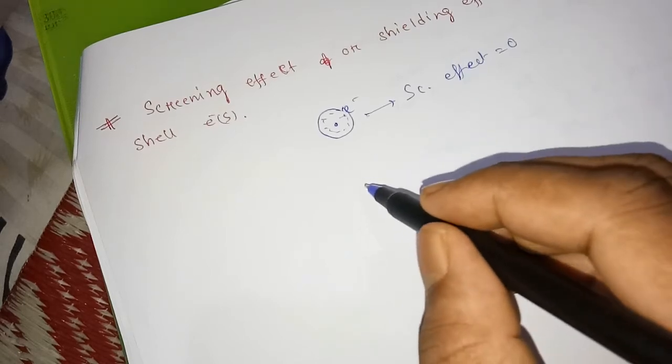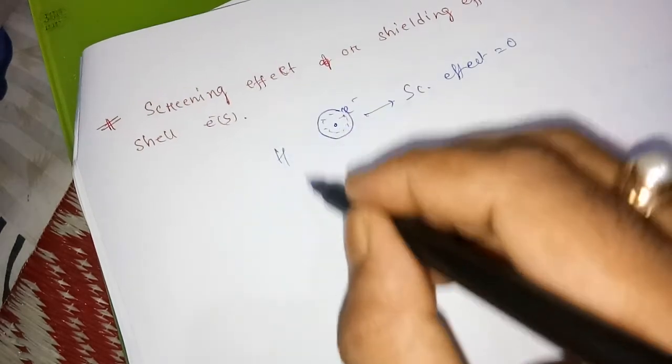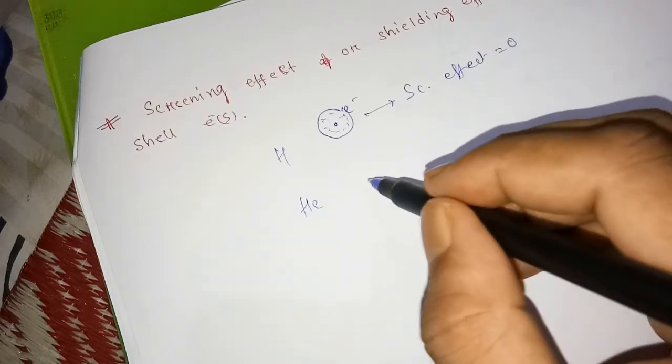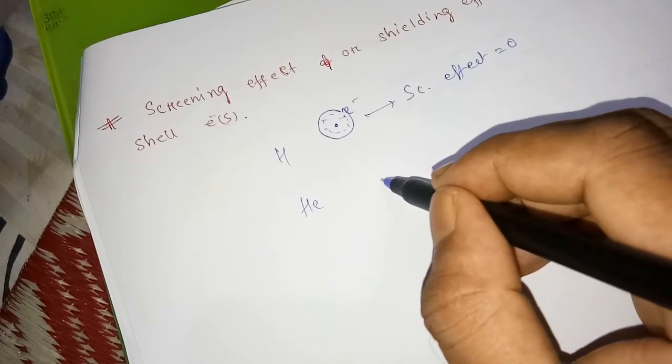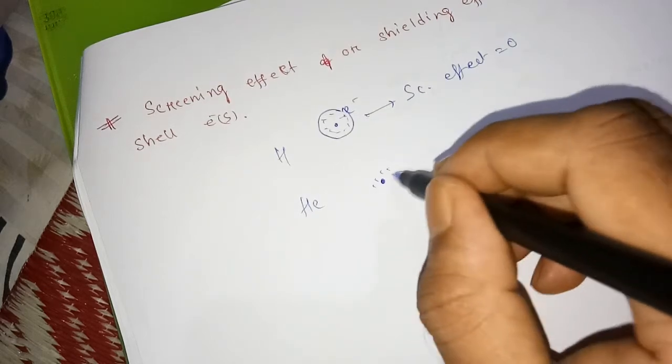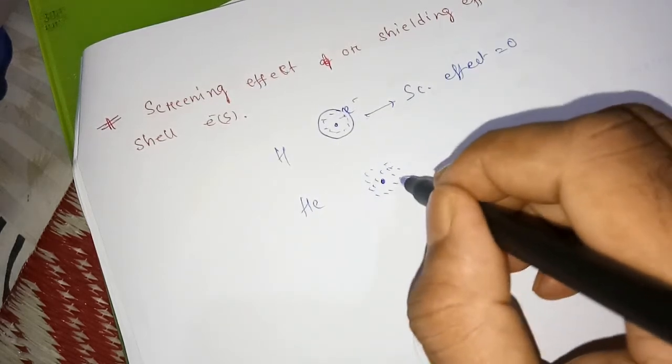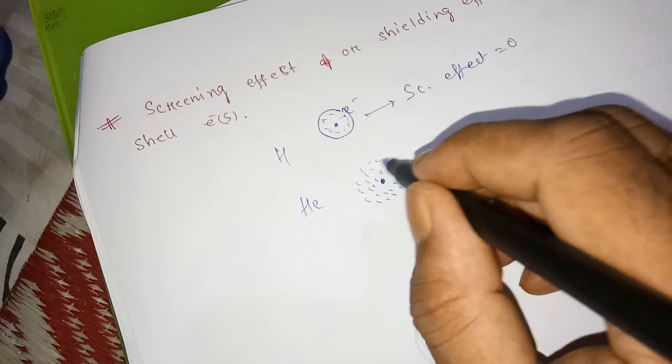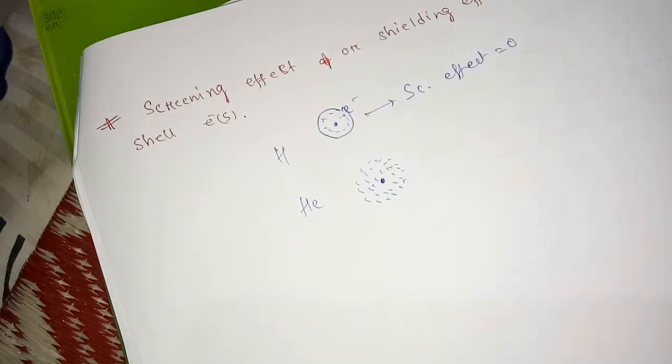So like that, after hydrogen we consider helium. Helium has a two-electron system. These are in the first shell. Now these are the electrons of helium.